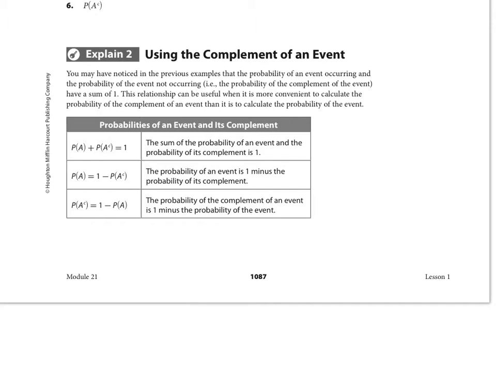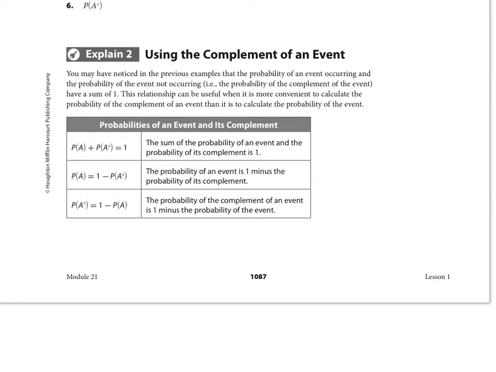You may have noticed this in the last example that we just walked through with the broccoli, cauliflower, etc., that the probability of an event happening plus the probability of it not happening is the fundamental rule of probability, if you will, that all the probabilities have to add up to 1.